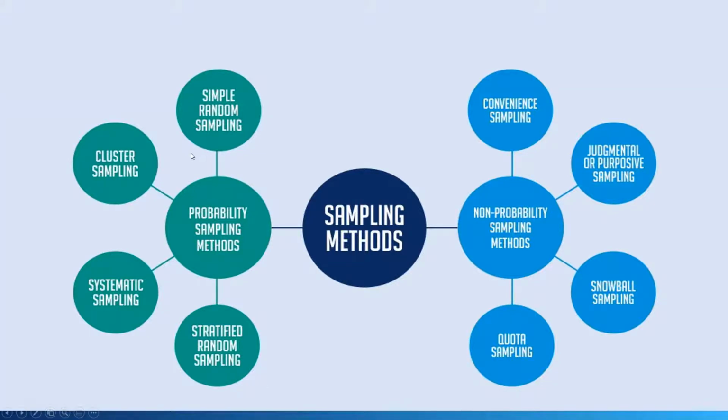Now, when we say systematic sampling, it is when you choose every nth individual to be part of the sample. For example, you choose every fifth person to be in the sample.